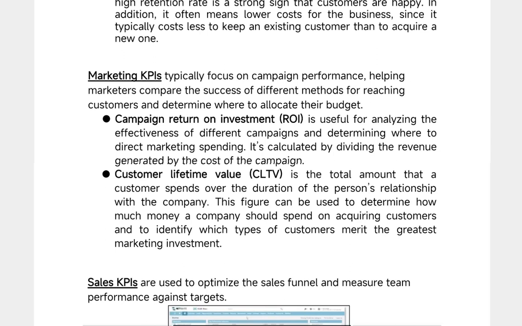Now we have the customer lifetime value. It is a metric that represents the total net profit a company can expect to generate from a customer throughout their entire relationship. It takes into account the customer's initial purchase, repeat purchases, and the average duration of the relationship with the company.